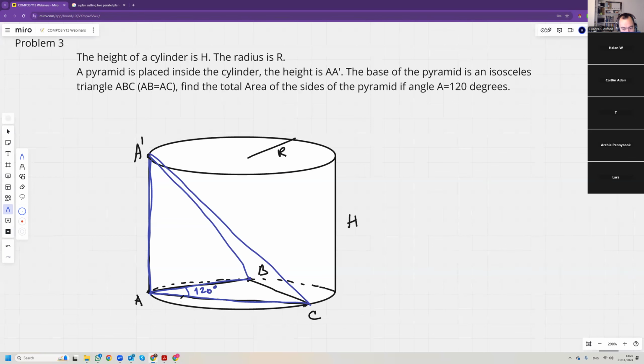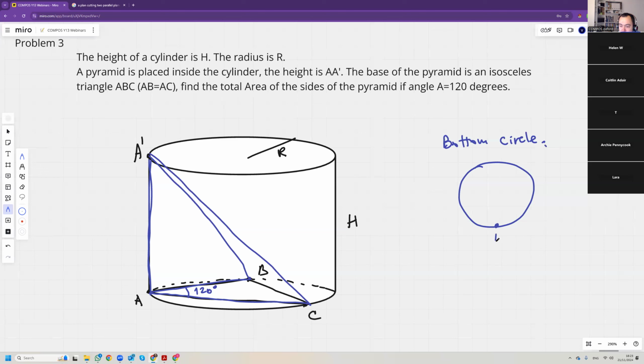Okay. So to begin with, I'm going to draw the bottom circle, or the base.